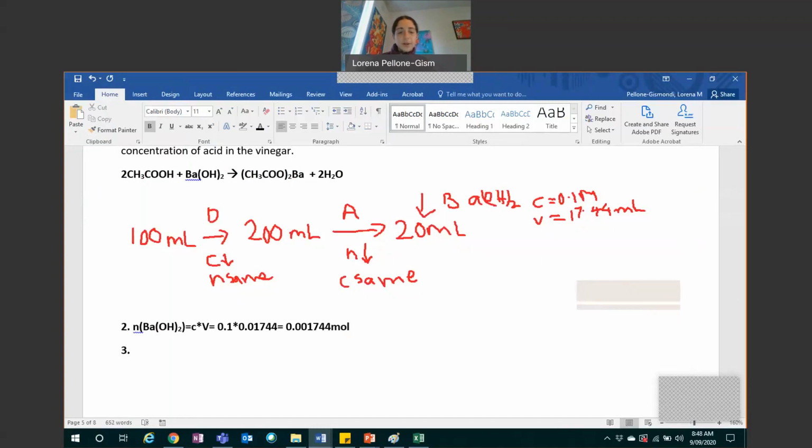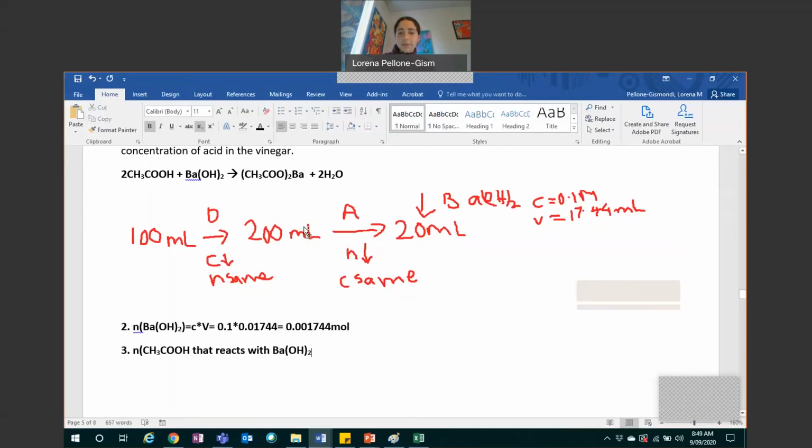So just want to make this clear though, we are not working out the moles of the unknown in the original. So I'm just going to write this out. We are working out the number of moles of ethanoic acid that reacts with the barium hydroxide. Oh, not sodium hydroxide, barium hydroxide.